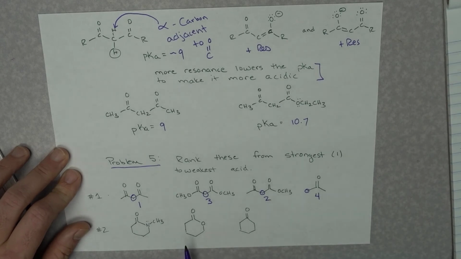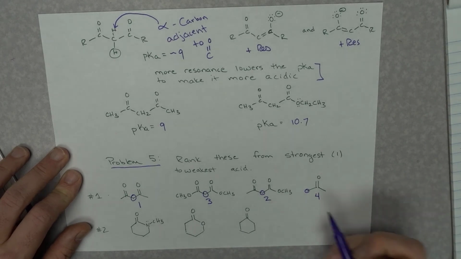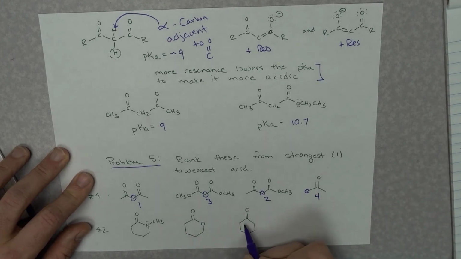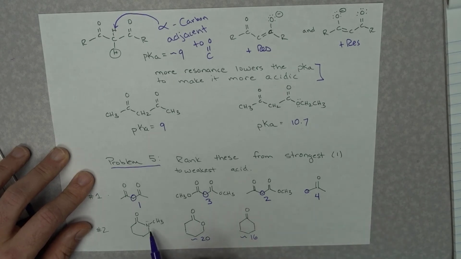This would be a good place to pause and try to do this yourself, and then see how we come up. If we look at these, this is basically just a ketone, so it has a pKa of about 16. This is like a ketone with an ester, so it has a pKa on the order of 20. And this has just 1 alpha carbon right here, and this destabilizes it even more.